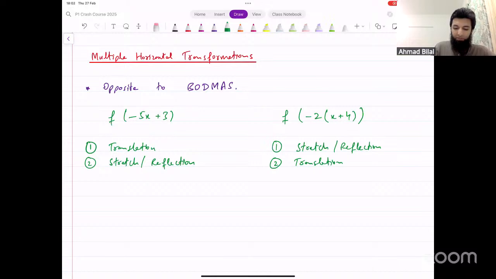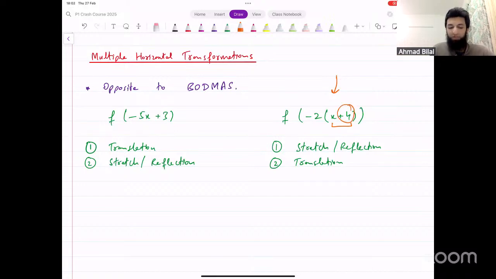Opposite to BODMAS, if you have -5x + 3, BODMAS says that you should multiply with -5 first and then do addition. We would do the opposite. We would say do translation first and then do stretch. But if it's this format, BODMAS says that you have to evaluate the bracket first.